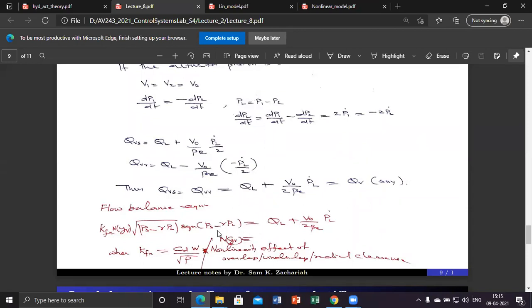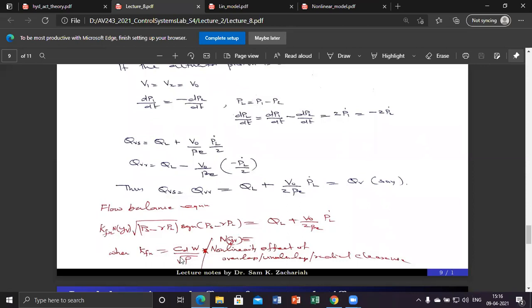And the QV is equated to the valve equation which we derived earlier. There we derived in terms of XV only: CDW divided by square root of rho into XV into square root of PS minus gamma PL. Now I am changing it by introducing the nonlinearity between XV and YV also.